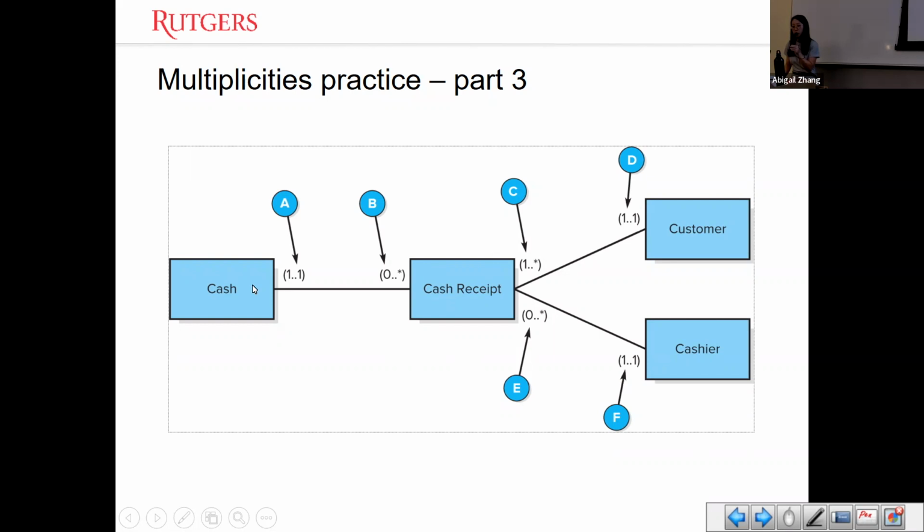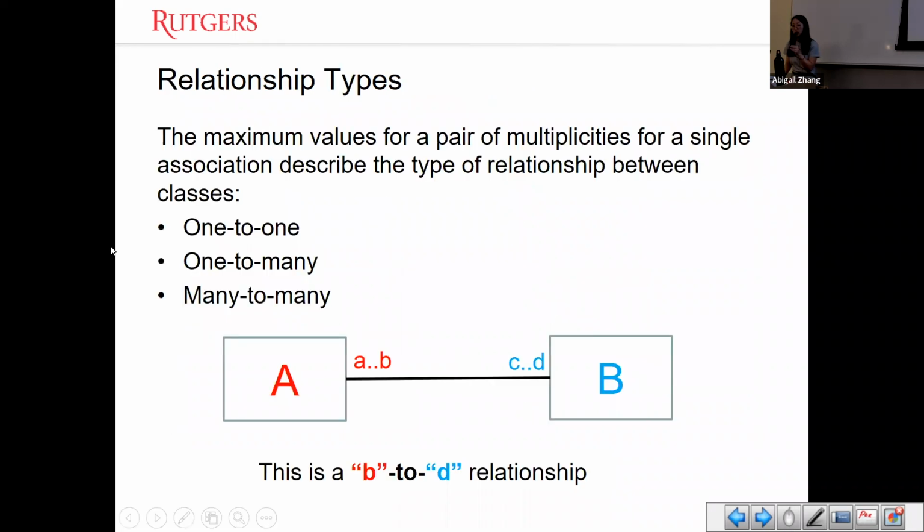So this is called a one-to-many relationship. An example of a one-to-one relationship can be our social security number and our names, because one social security number can only correspond to one person, right? And one person can only have one social security number.